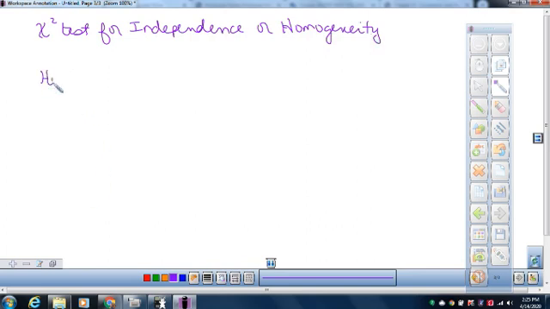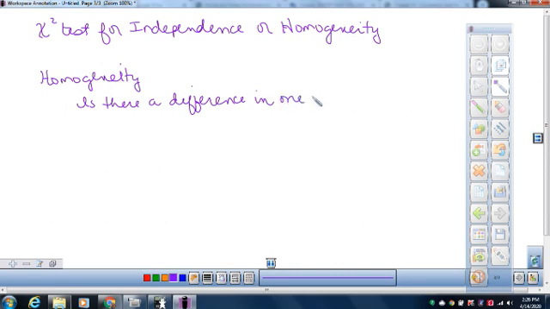For homogeneity, it will say, is there a difference in one variable relative to another?